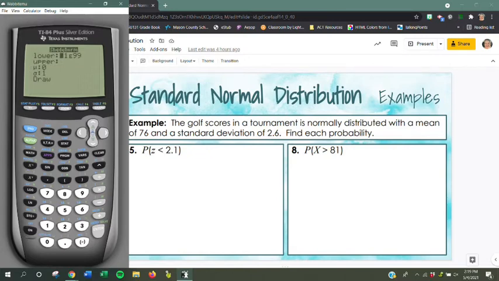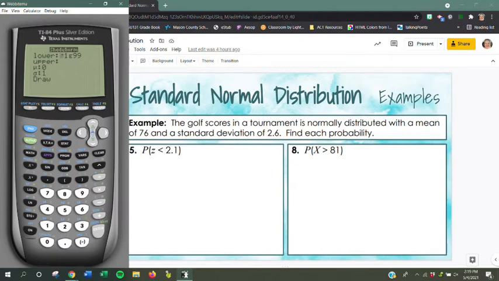If you have an older TI-84, you are going to type these things with commas. So you will type the lower value, then you will type the upper value with a comma between them, then you'll type comma 0, comma 1. So the 0 and 1 are going to stay the same. For the newer TI-84s, this is what it'll look like.